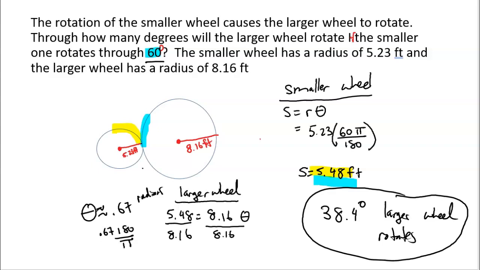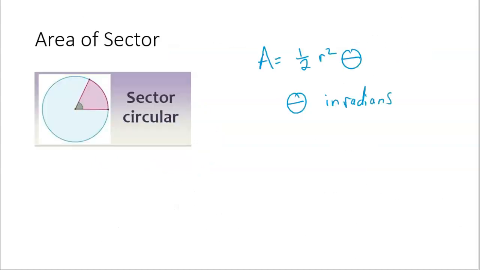So we found arc length, we found radius, we found our theta, which is in radians, or we can change it to degrees. So what else could we do with arc length? We can also find the area of a sector. Instead of finding this length right here, what we're finding is this piece right here.